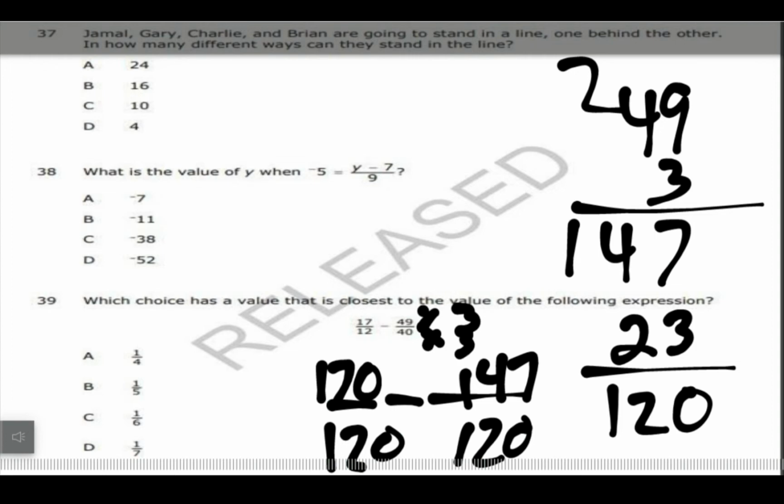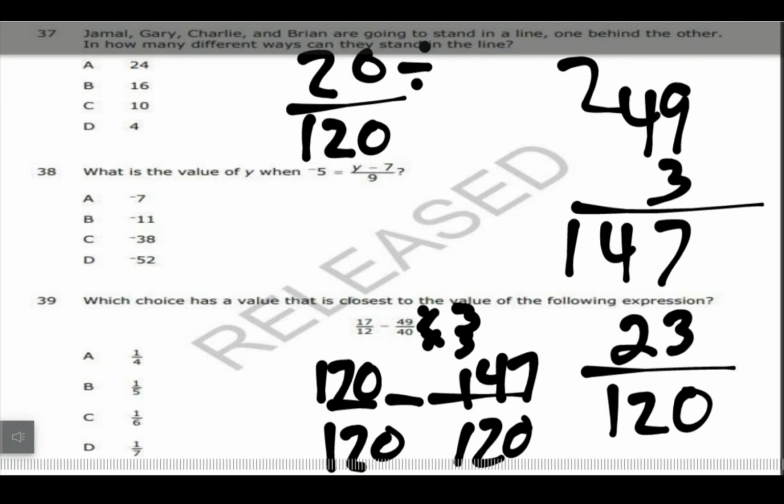So I kind of got to figure out, for instance, if it was 20 out of 120, I'm going to round it. I could divide both of these by 4, or maybe even by 5, or actually, I can divide both by 10.